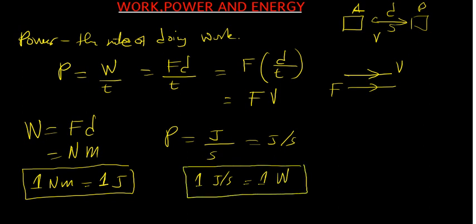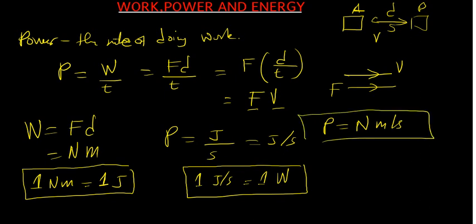Notice that we can also find that power is force multiplied by velocity. Force is in newtons, velocity is in meters per second. So we can also find it like that. We should never be surprised when you find it in that manner. That is also power, newton meter per second.